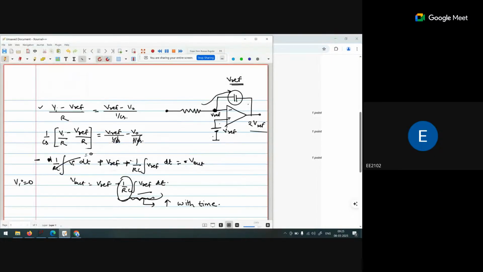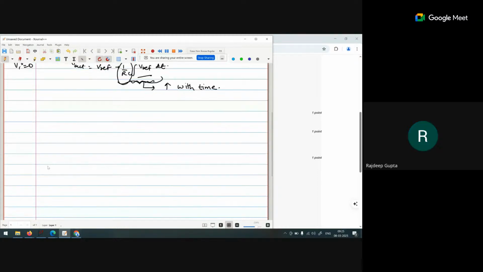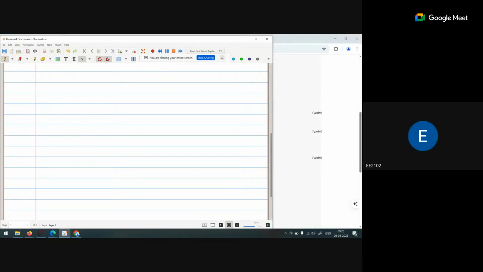What is V naught 2 upon V out? V naught 2 upon Vi equal to 1 by RC1. Wait a minute. First, VO1 equal to minus Vin by SRC1.